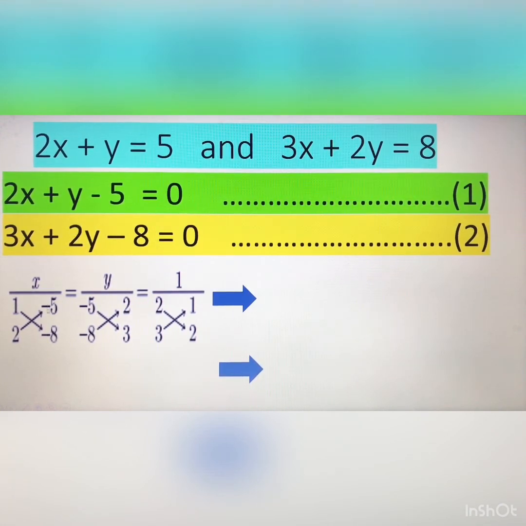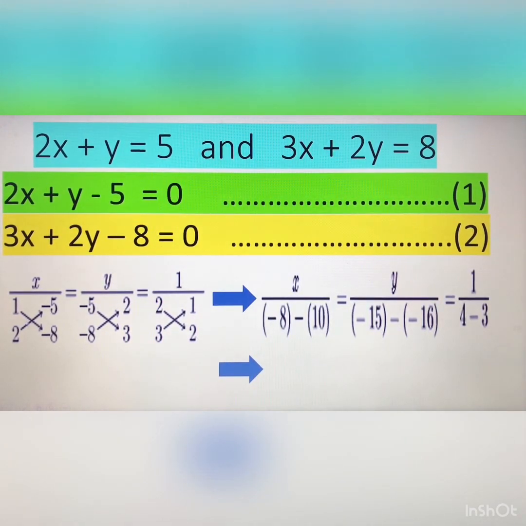After that minus 5 minus 8, these are the constant terms serially, then y, constant terms, again x. So dear, minus 5 minus 8, that is the constant terms, and after that 2 and 3, and after that 2 3 and 1 2.